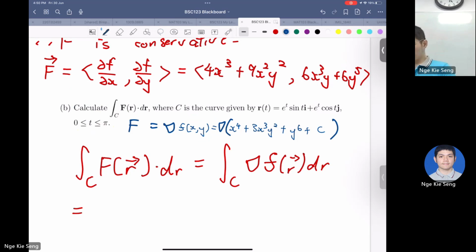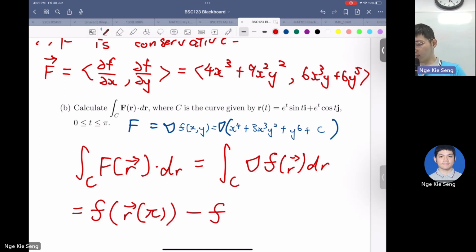Okay. So how to apply FTC? No more integration, just substitution. Substitute what? Substitute the endpoint, the terminal point into my little f minus the function evaluated at the starting point.